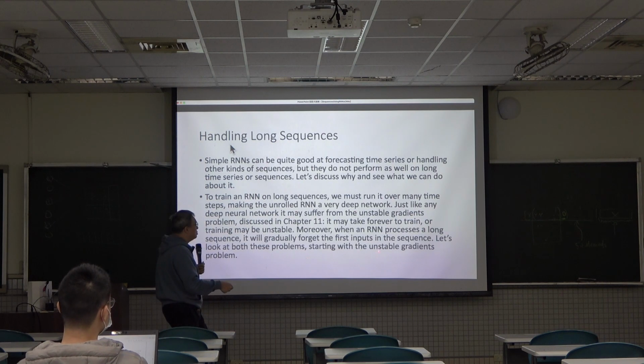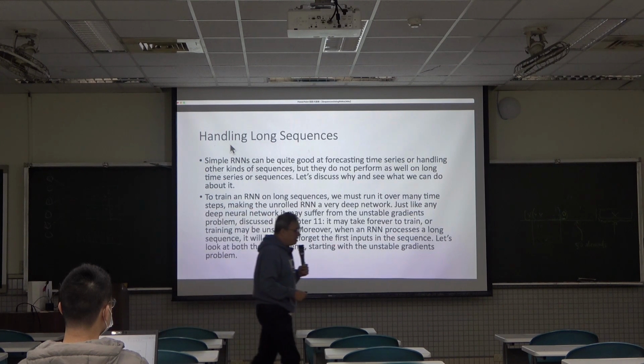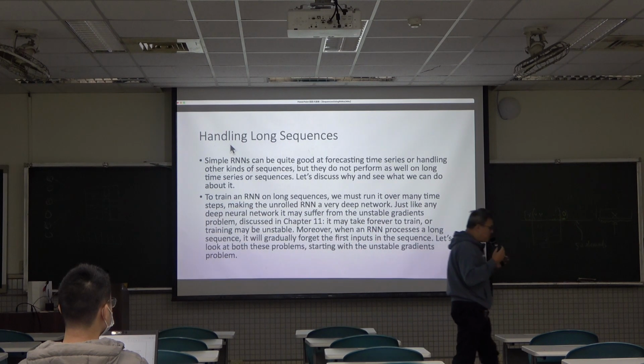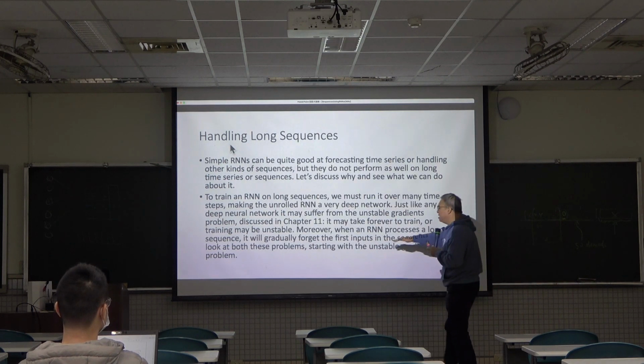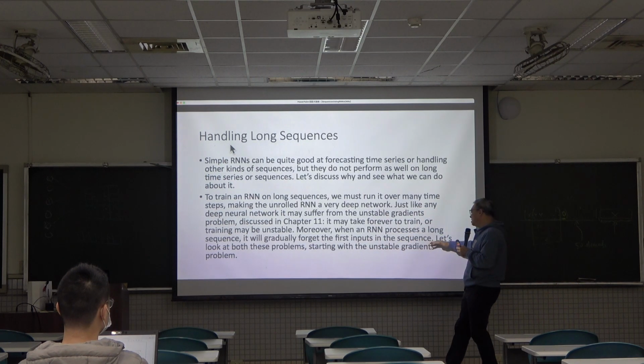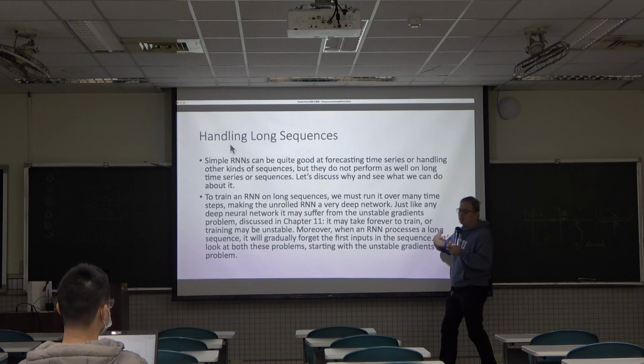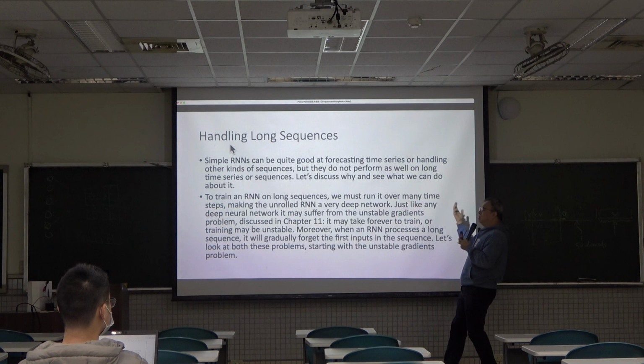Another issue is that when an RNN processes a long sequence, it will gradually forget what it saw in the earlier part of the sequence. So the first input in the sequence will gradually be lost, especially during the unroll through time process.